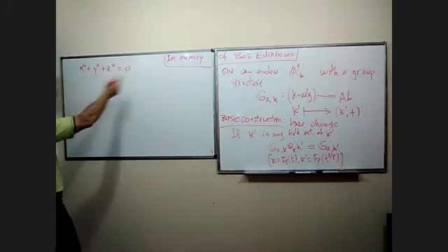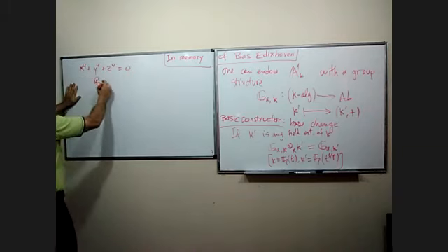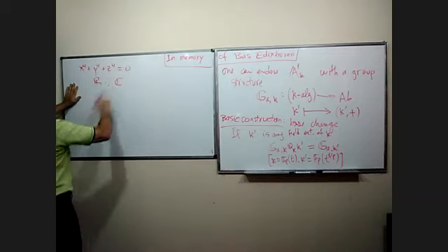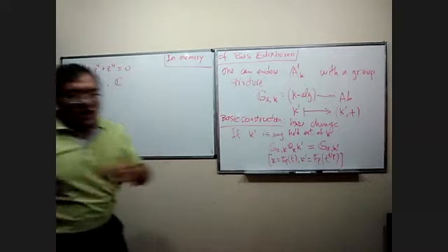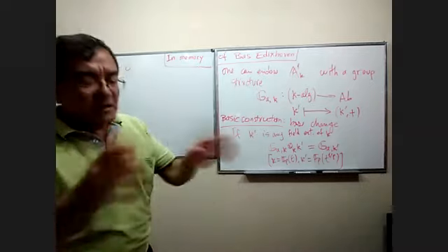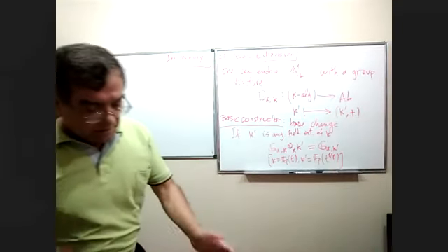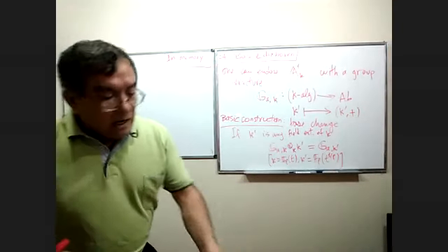But over the complex numbers, if you base change to the complex numbers, then you get lots of solutions, because it's algebraically closed. So this base change construction is fundamental in geometry. It's a basic thing. Okay.